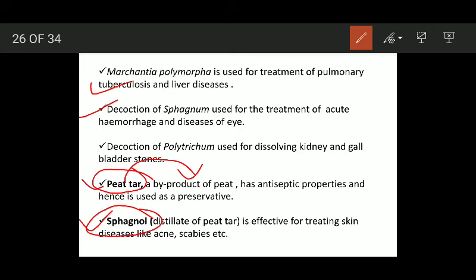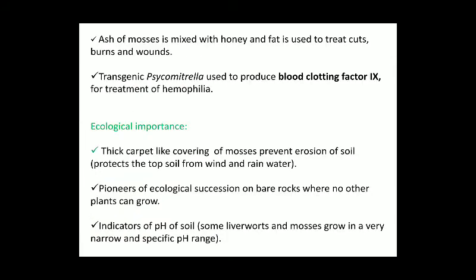Okay, sphagnol, a distillate of peat tar, is effective for treating skin diseases like acne, scabies, etc. The ash of mosses can be mixed with honey and fat, and then it can be used to treat cuts, burns and wounds. जो ash होता है mosses का, when mixed with honey, it is used to treat cuts, burns and wounds.